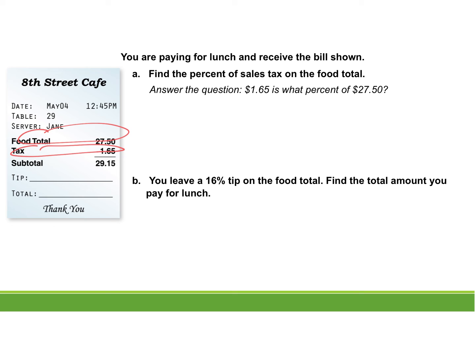So we're trying to answer the question, $1.65 is what percent of $27.50? So I'm just going to go in order. $1.65 is what percent of $27.50? So now that I've got my equation, I can go ahead and divide everything out.